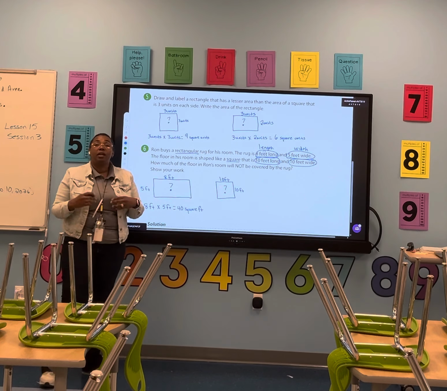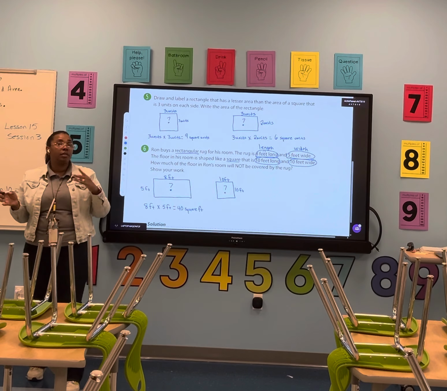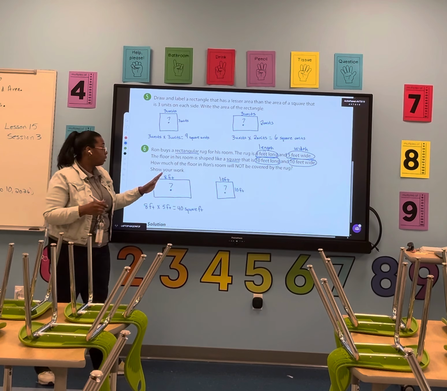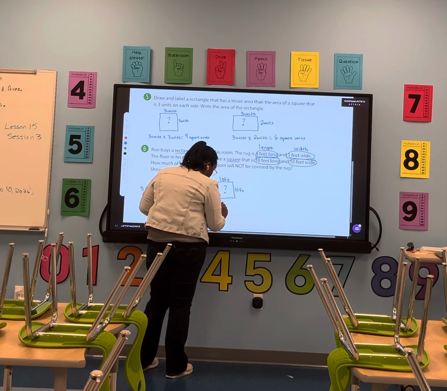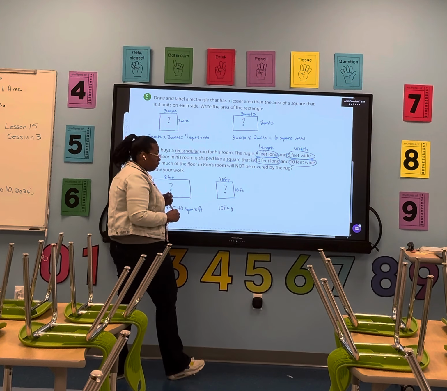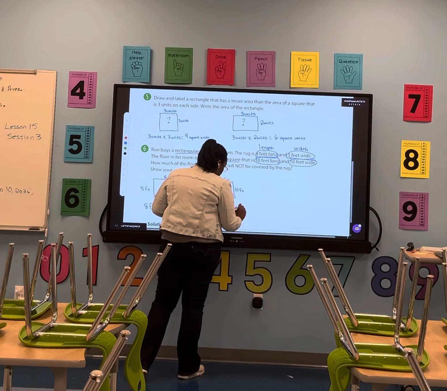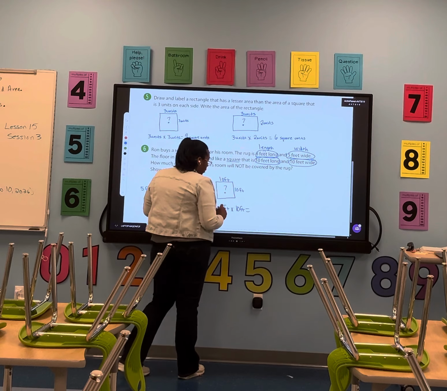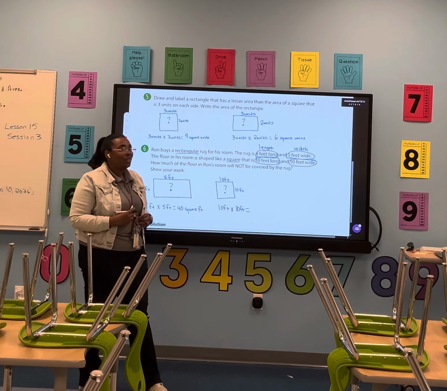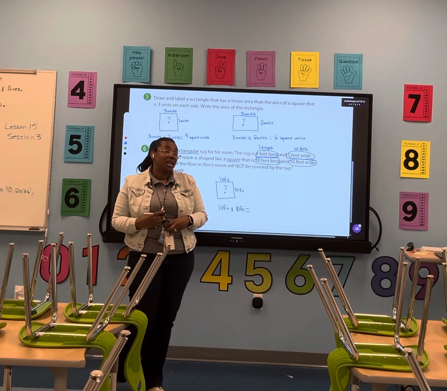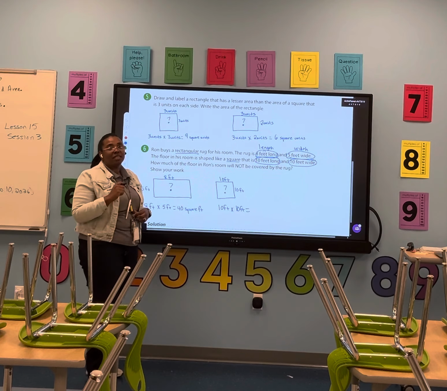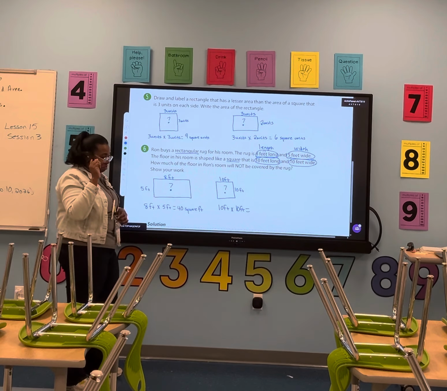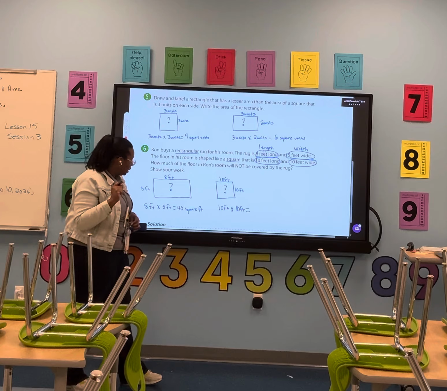Okay, so let's go ahead and use our equation. Length times width equals area. So the length is 10 feet, so 10 feet times the width, which is also 10 feet. Okay, let's multiply that. That's some big numbers, guys. 10 times 10, but I know we got this because we're some smart mathematicians.